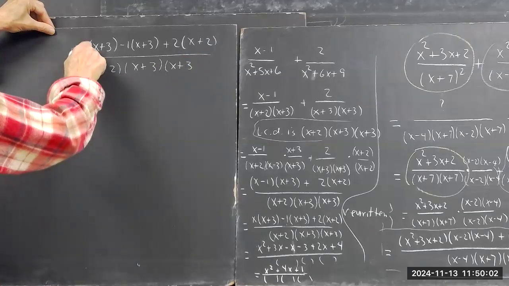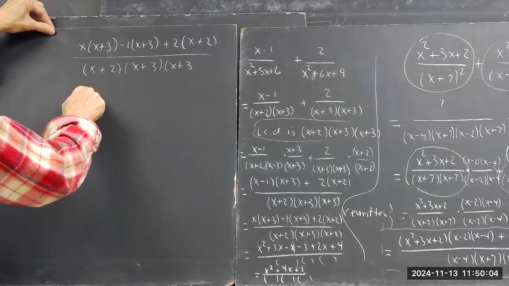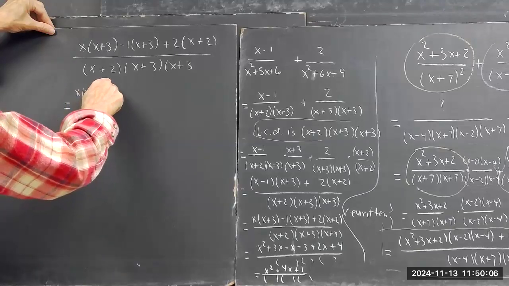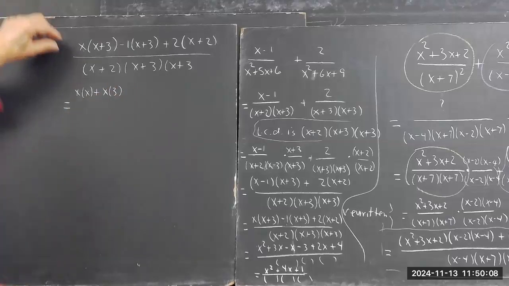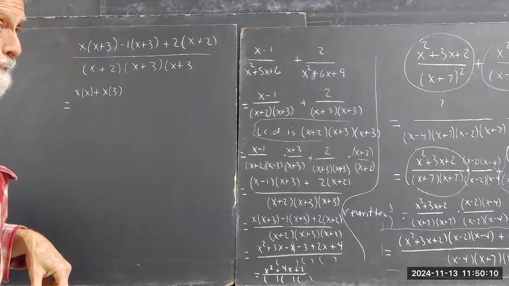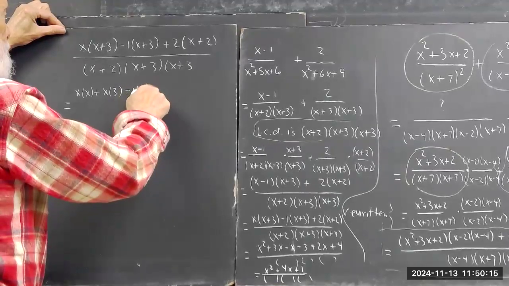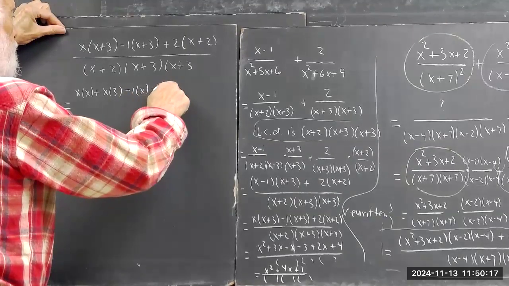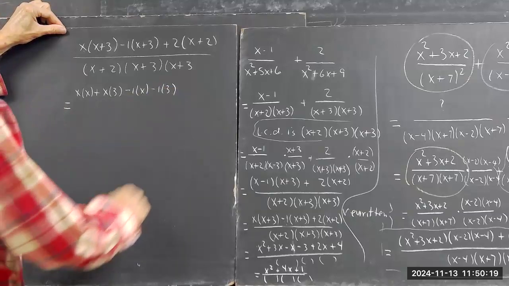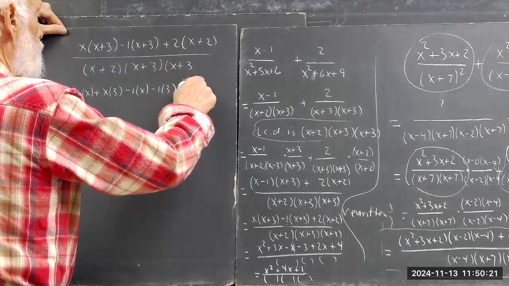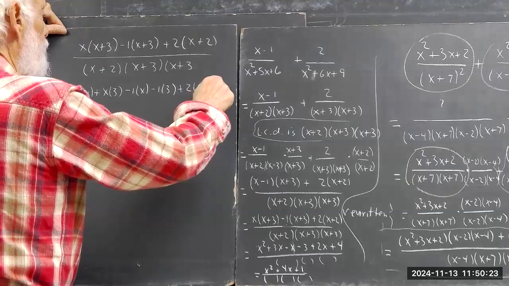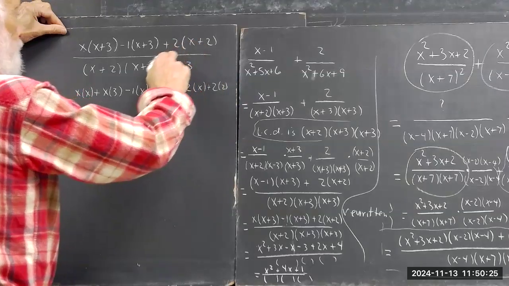Now, this is x times x plus x times 3. You would agree, right? And this is minus 1 times x and minus 1 times 3. And this is 2 times x plus 2 times 2.